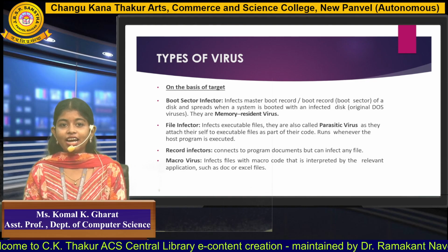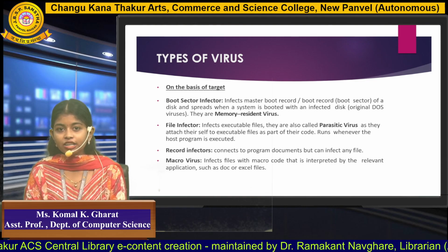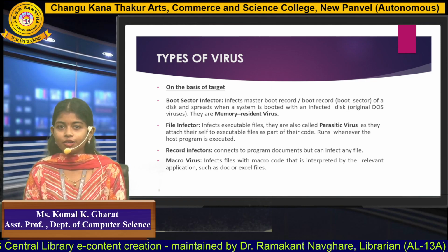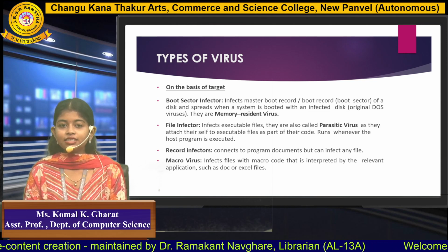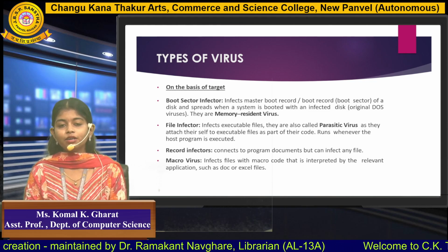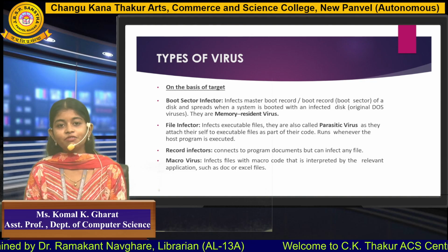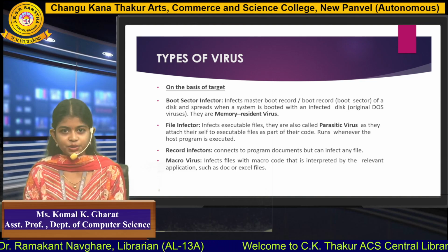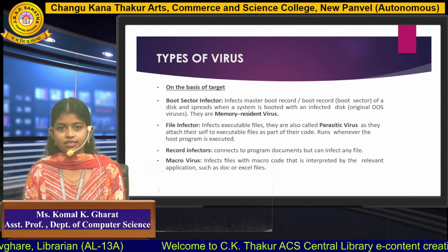It attaches itself to executable files as a part of their code and runs whenever the host program is executed. Means program related to that executable file runs in the system, virus starts spreading in the system. It is also called a parasitic virus.